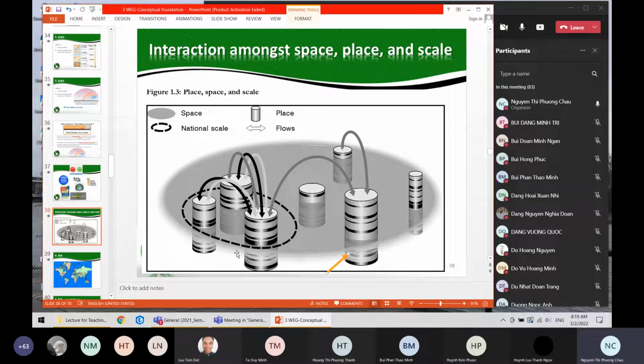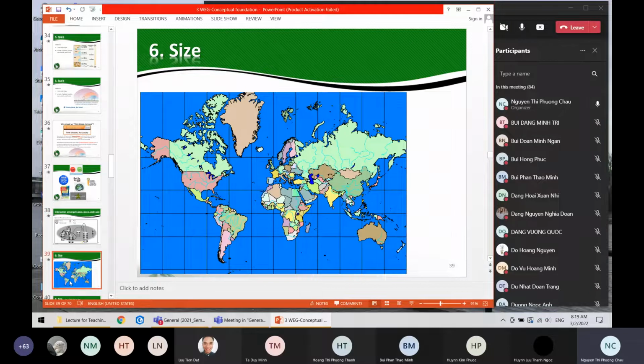Okay, so now we go to the concept of size. Size here refers to the total area of each nation. The world map shows us the size of every nation in the world, and in general we can see there are just some big nations.